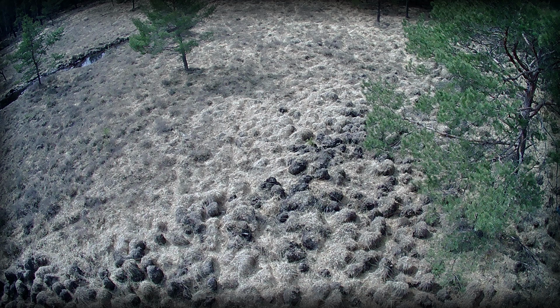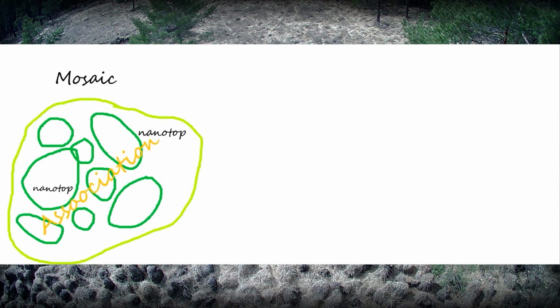Let's look at them. Mosaic is spatial heterogeneity within one phytocoenosis class. Elements of mosaic are connected to the nanoforms, like small hammocks, hollows, flat patches. All elements of vegetation are classified as part of one association.